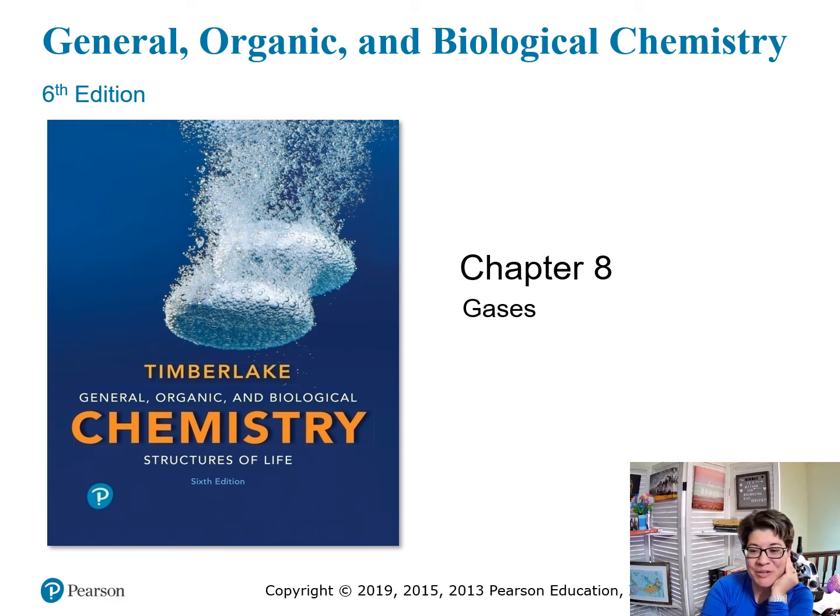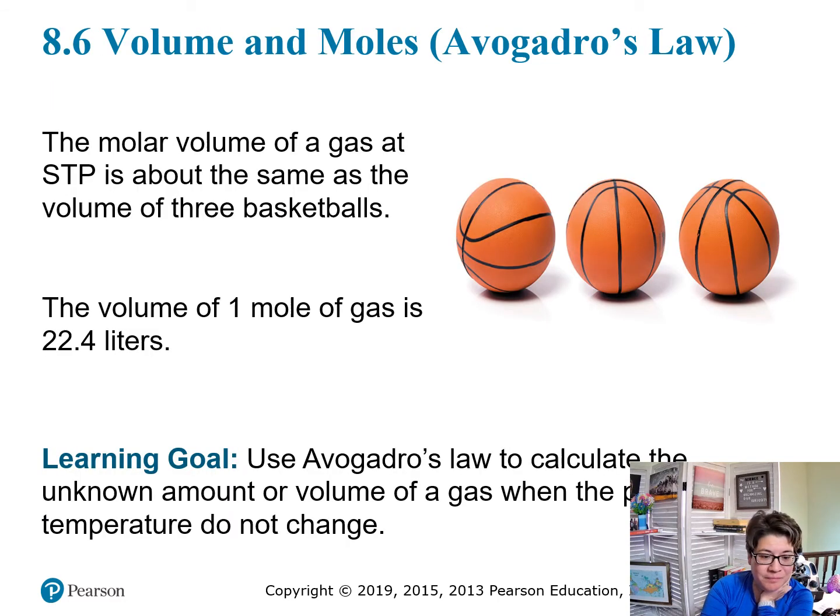All right, we're on to the next section. In this section, we're going to start including moles, and that's going to lead us to another law. Remember that a mole is the amount of something. And the cool thing about moles and gases is if you have 1 mole of gas at a standard temperature and pressure, it always takes up 22.4 liters.